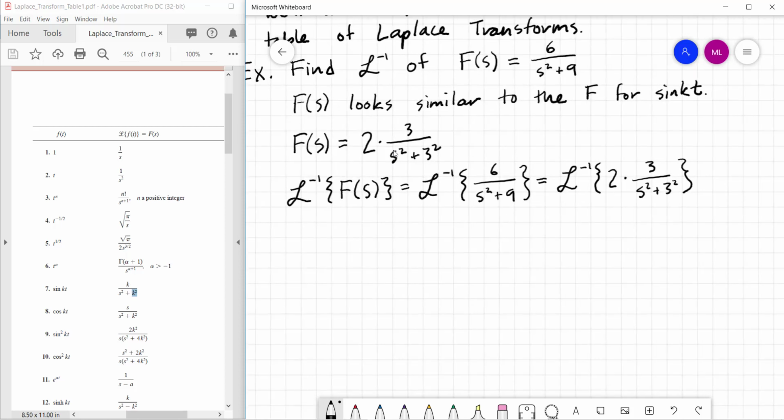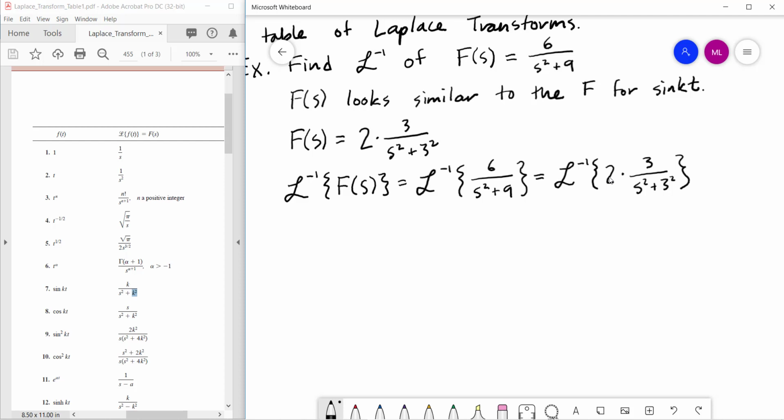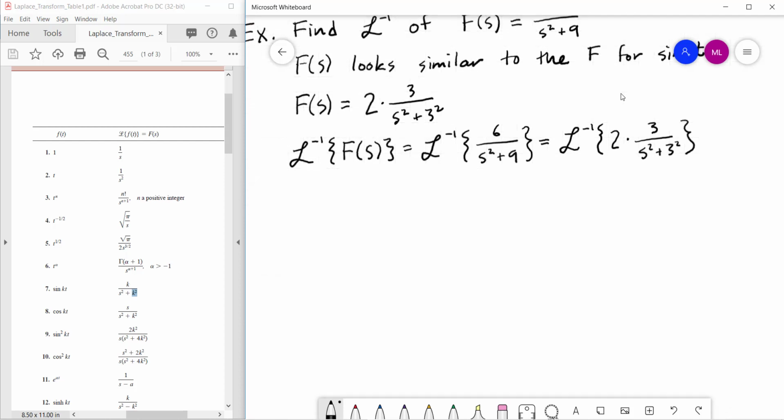But because it's a linear operator, I can pull any constants that are convenient out in front of that operator. So I'll pull that 2 out, and we're just going to have the inverse Laplace transform of 3 over s squared plus 3 squared. And this is one that shows up exactly in the table. It's this with k being equal to 3.